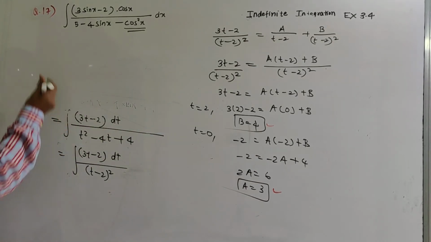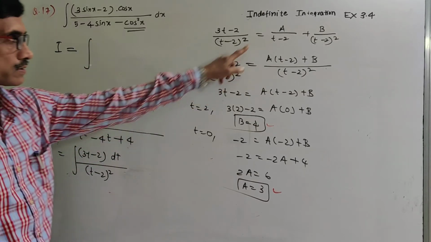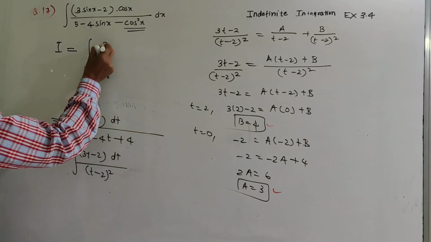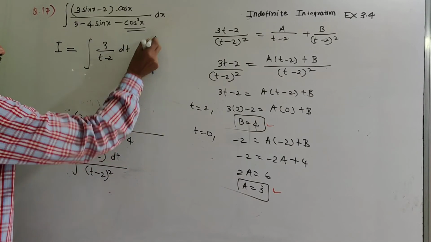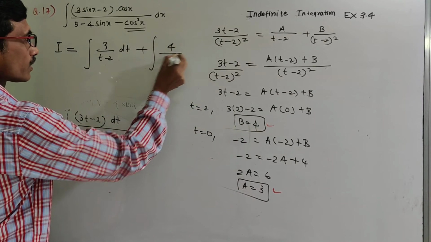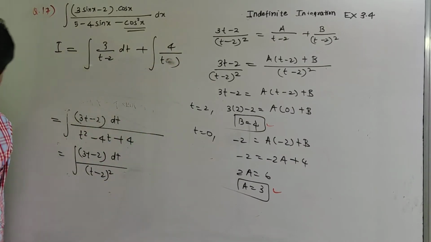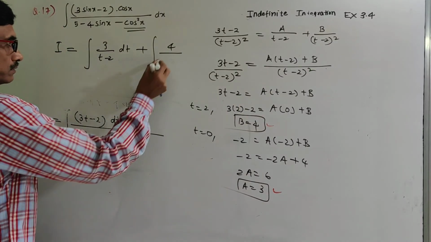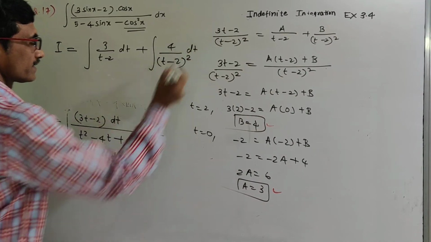So integral I is equal to a upon t minus 2, so a is 3 upon t minus 2 dt plus b is 4 upon t minus 2 square dt.